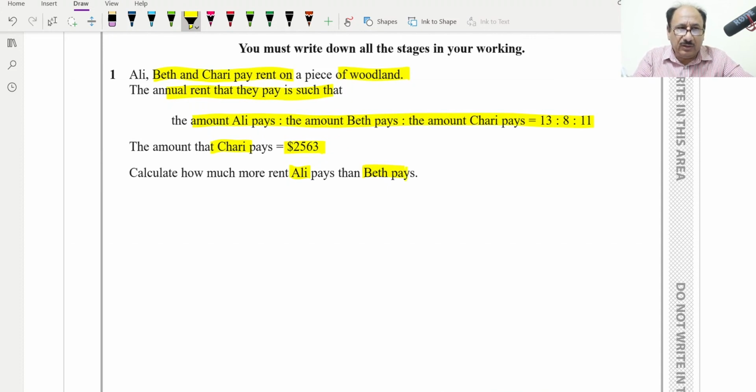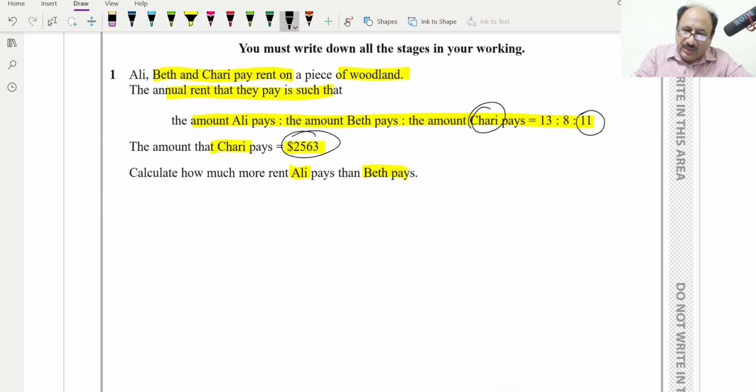So we will divide this among these three people, and 11 is the portion for Jerry, who is paying this much amount.